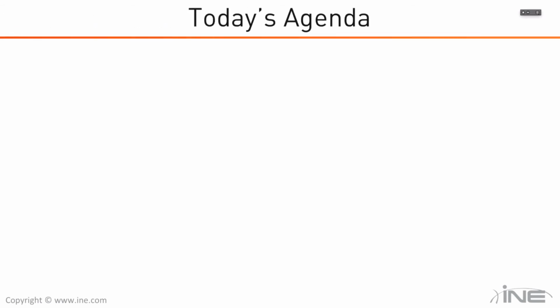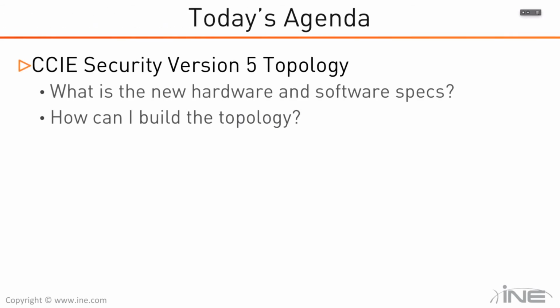On the topology side, we're going to see what the new hardware and software specs are. In case you want to build your own lab, you still need to know the software versions and devices used in order to prepare successfully. We're also going to speak about how you could build your own topology in case you want to practice the technologies on your own.